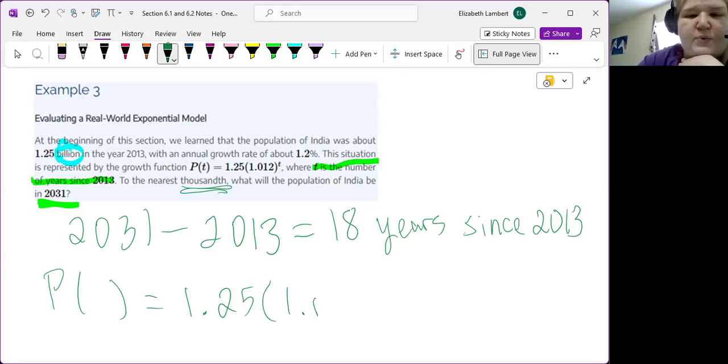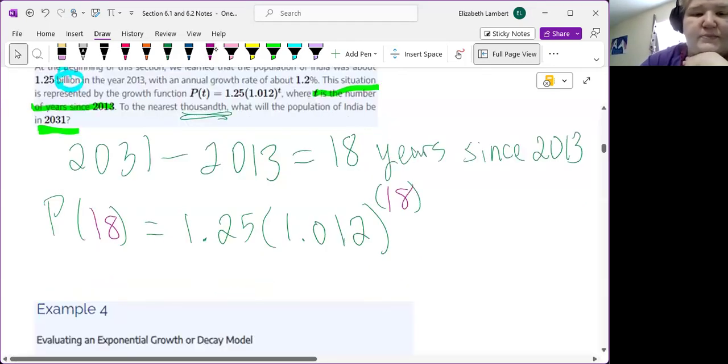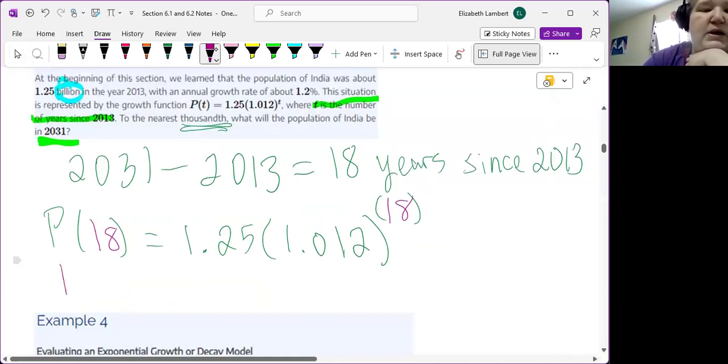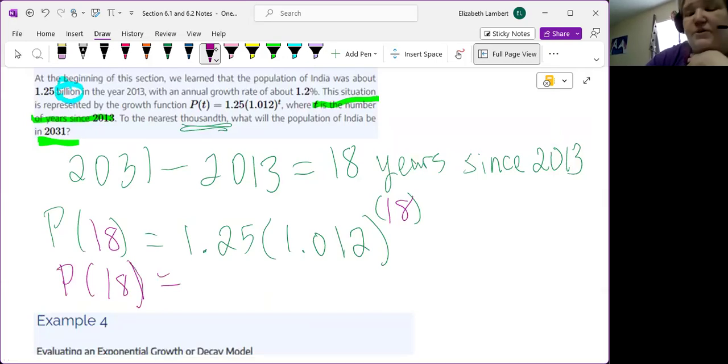Then the 1.012. And this is where we put our 18. And then this is where we use the calculator. No one expects you to try to crunch 1.012 to the 18th by hand. That's ridiculous.